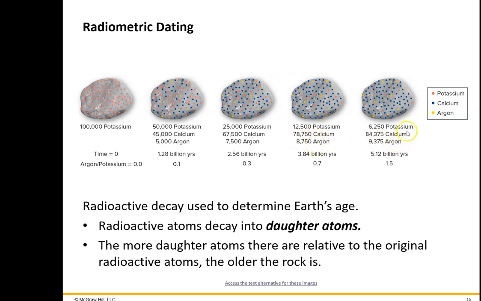So you look at the ratios of potassium to argon, potassium to calcium, and you can say how many half-lives have gone by. Now, as this indicates, this is very artificial, 1, 2, 3, 4 half-lives. That could not have taken place because the Earth simply isn't that old, right?